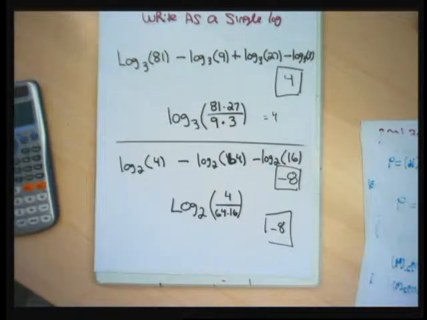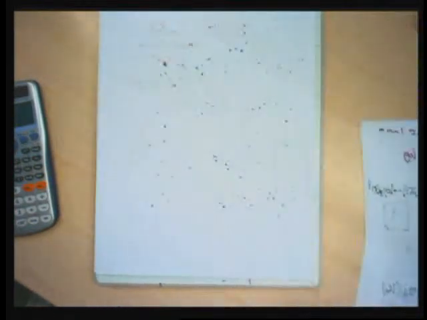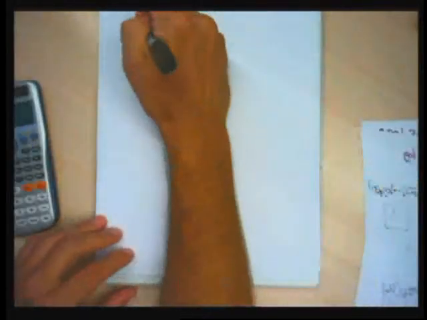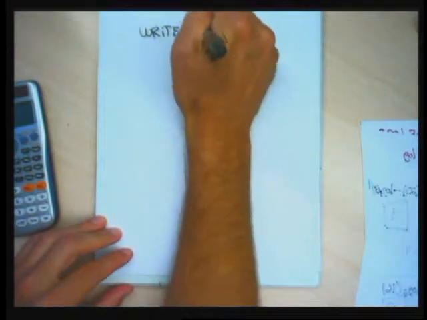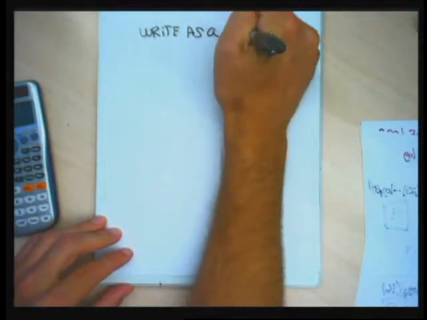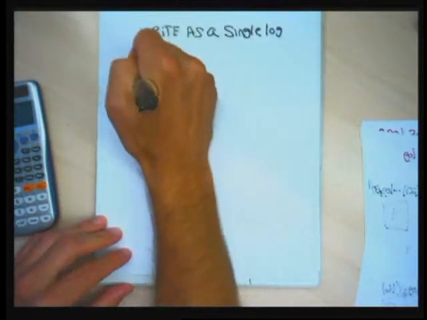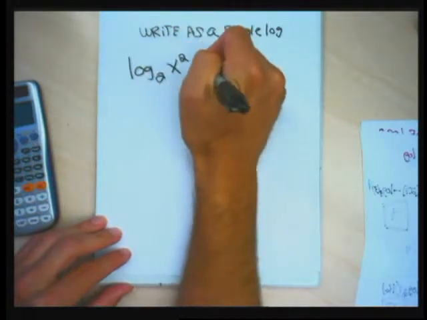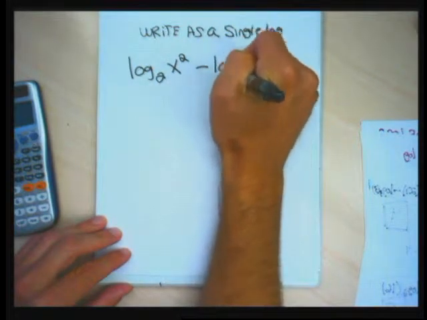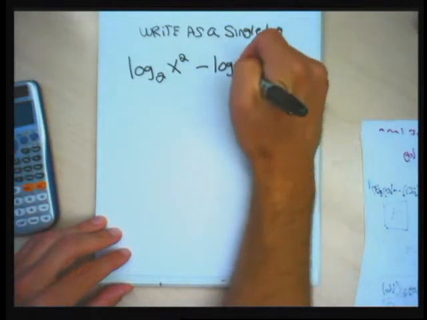Let me do a couple problems with letters because once we get into the packet problems, they're going to have letters and not numbers. Same instructions, write as a single logarithm. How about this? The log base 2 of x squared minus the log base 4 of y to the 4th, plus the log base 2 of z. So I have 3 logarithms, all base 2.